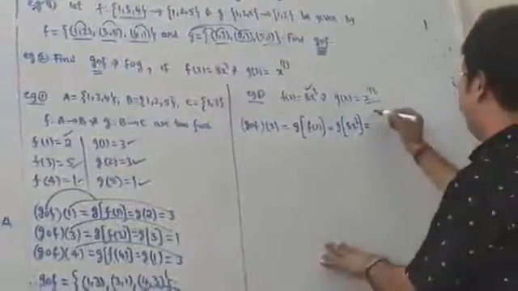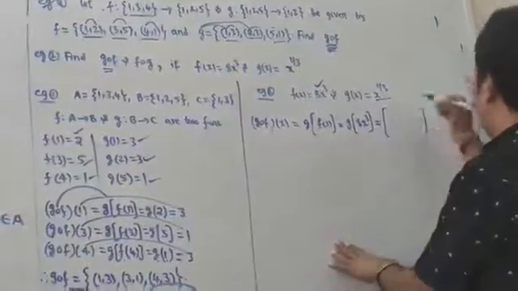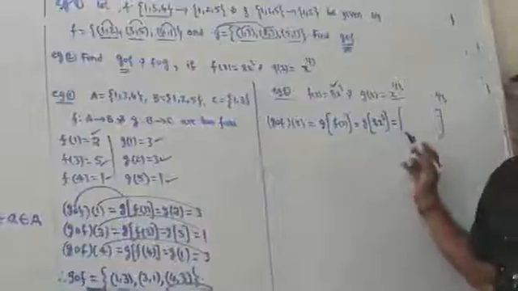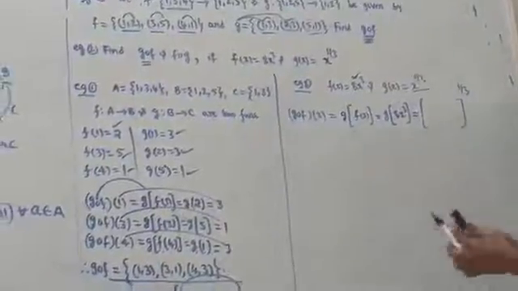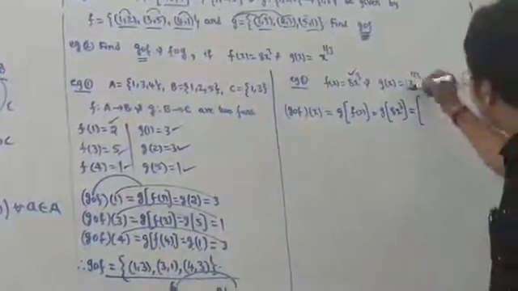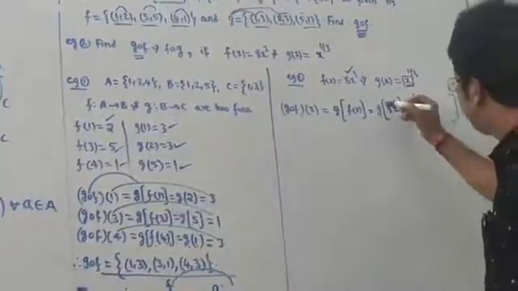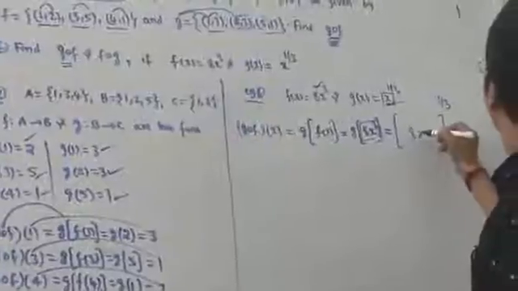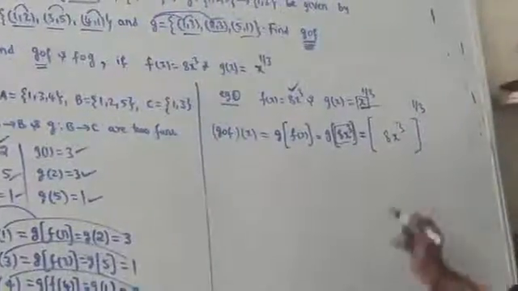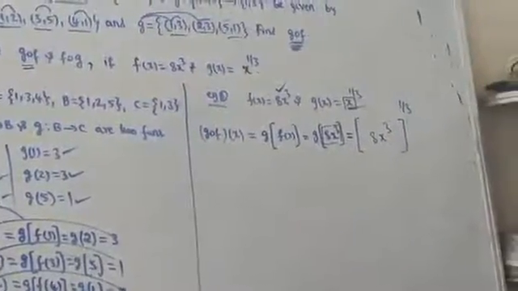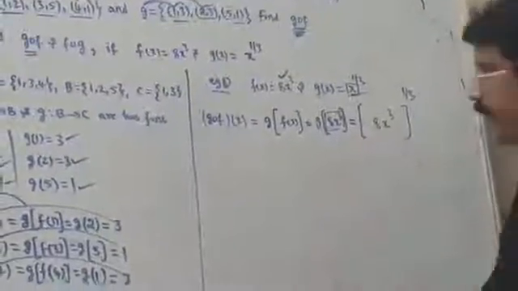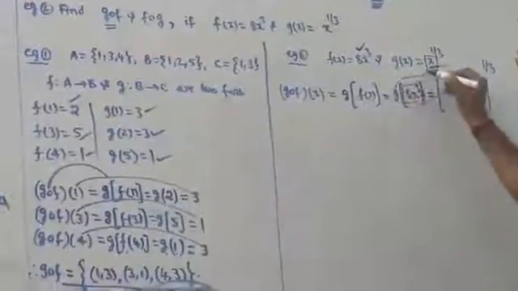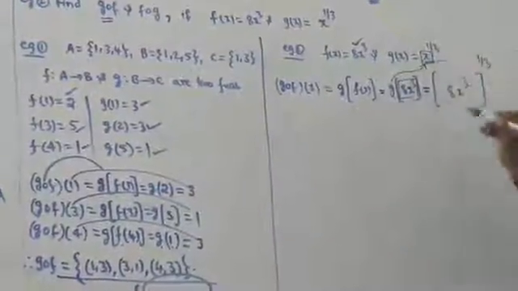Whole power 1 by 3 is the same. Here, instead of x, you write 8x cubed. This is the substitution: G of 8x cubed. G means x power 1 by 3.